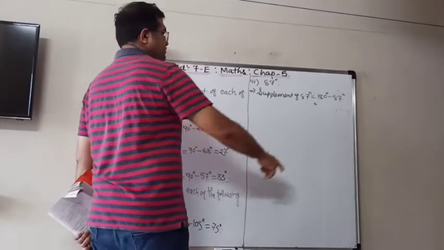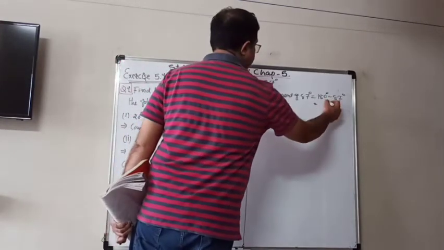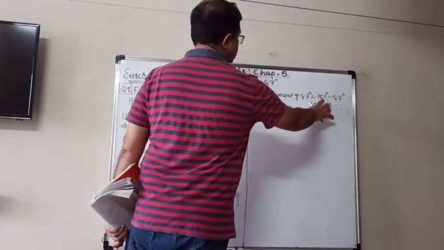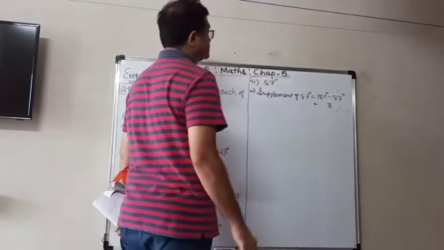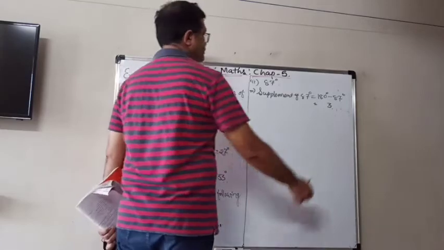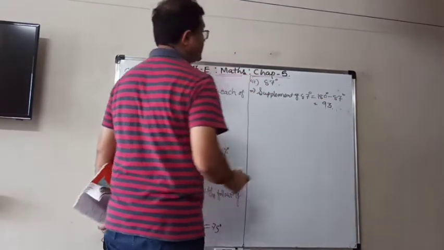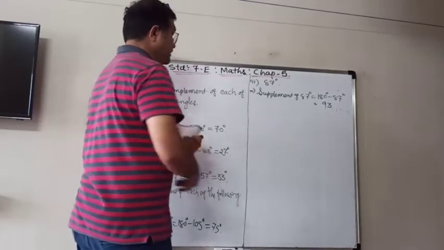So if you subtract, 10 minus 7 is 3. Here it will be 7, so 17 minus 8, so it will be 9. So answer is 93 degrees.